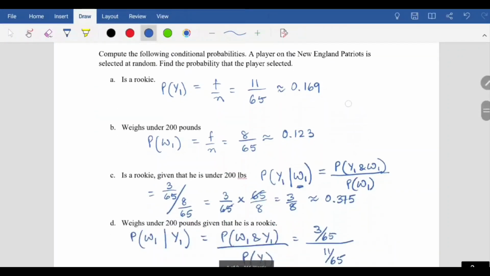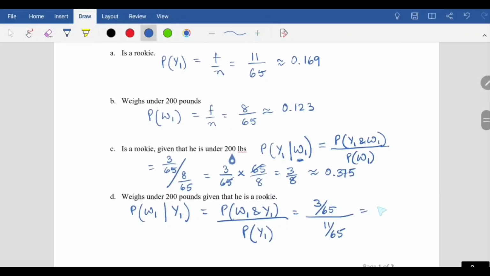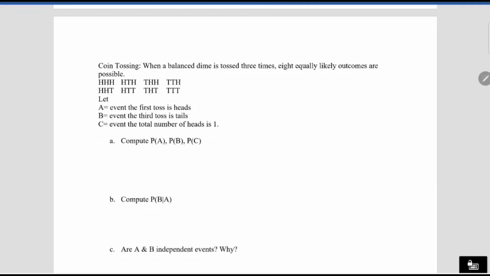So it will be 3 over 11, which gives us a value of 0.2727. All right, so here we answered a question which had to do with joint probabilities as well as conditional probability. So this is how you're going to work out problems on joint and conditional probabilities.